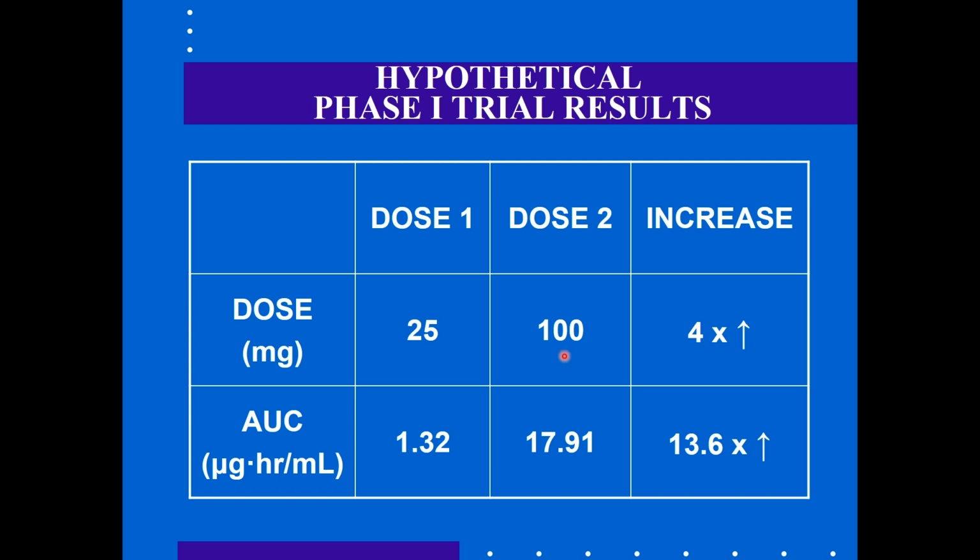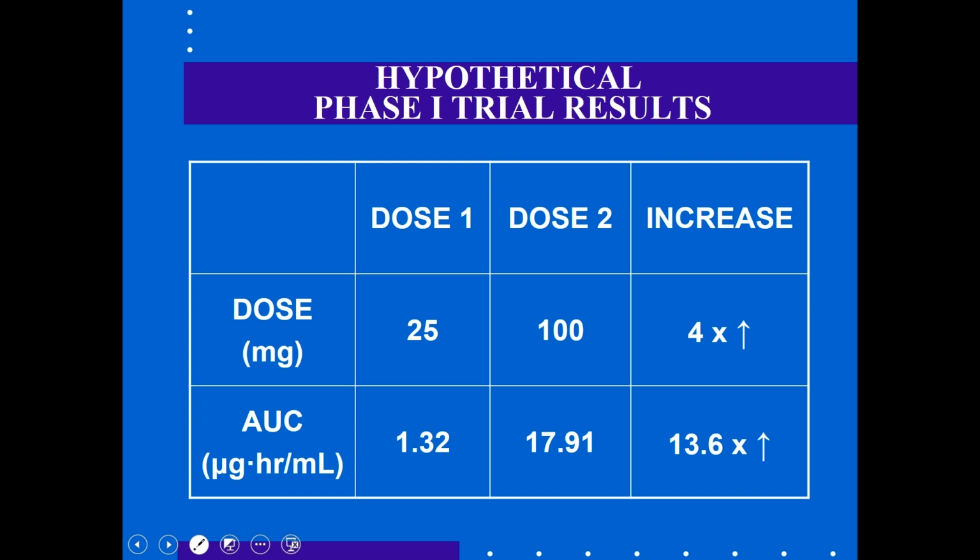When a 100 milligram dose was given, a 4-time increase in dose, the AUC increased 13 times. And this data was presented to the senior management at Upjohn Laboratories by the pharmacokinetics group, and there's incentive in the industry to stop the development of a drug that isn't going to work out as early as possible.